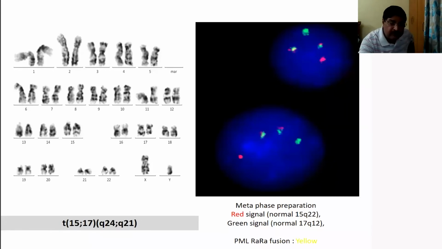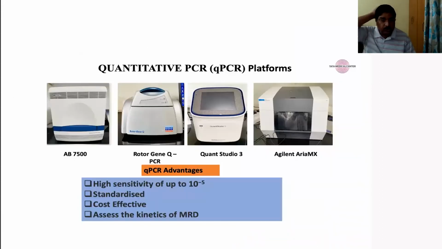You can also have the break apart probe for t(15;17), because sometimes you can have variants. If you want to diagnose t(11;17) and t(5;17), which are variant translocations but still acute promyelocytic leukemia, you need to do a PML-RARA break apart probe study. Next.